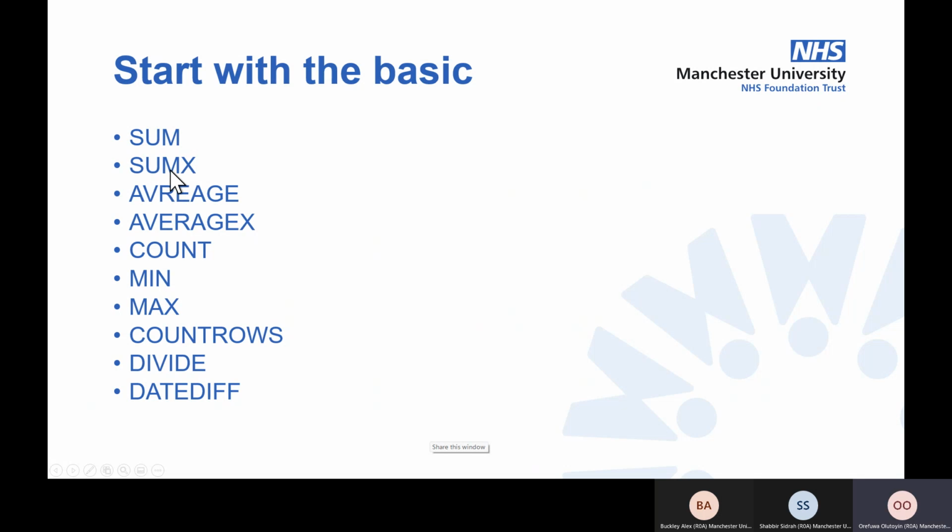SUMX will generate what we call the row context for the calculation per row. This is an aggregate function, sum. So the average of a calculation per row, right? But start with this, you get to understand. There's a lot of resources on the Microsoft website. There's a lot of resources on YouTube to explain each individual concept. We cannot cover everything in 2 hours, but those are things that you should be aware of.